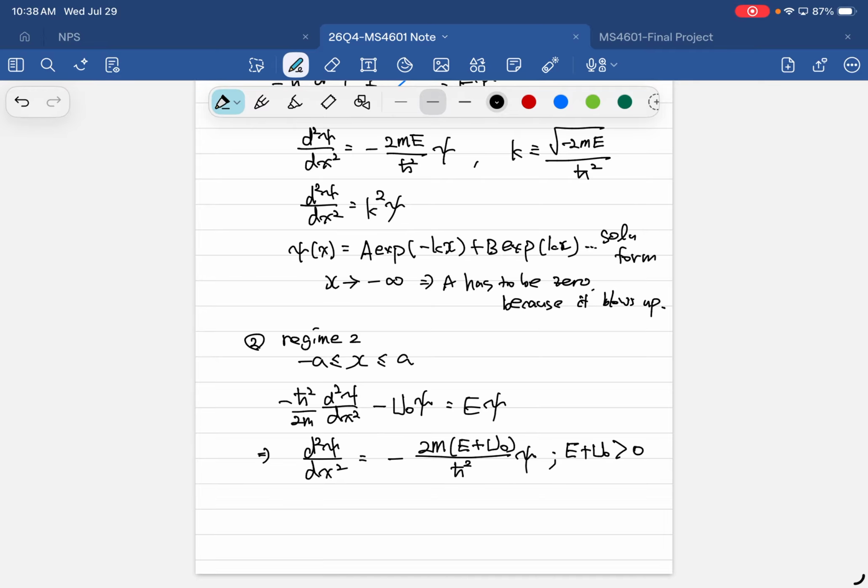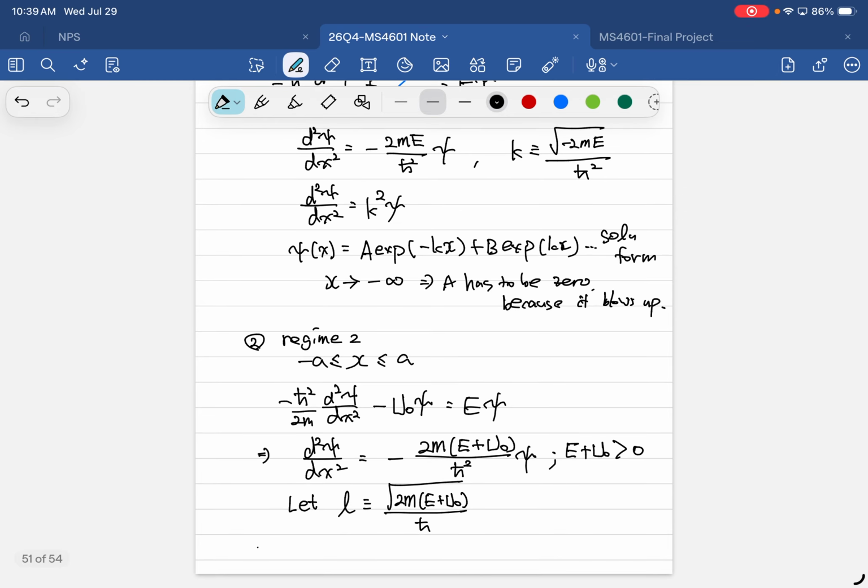So in this case, what we are going to do is introduce one variable L. That is the square root of 2m (E plus u naught) over h bar.